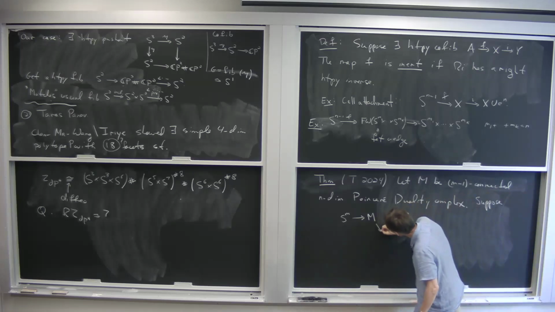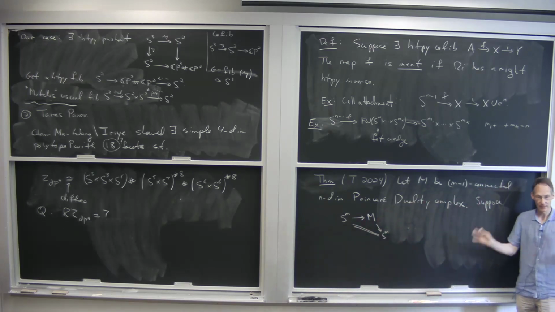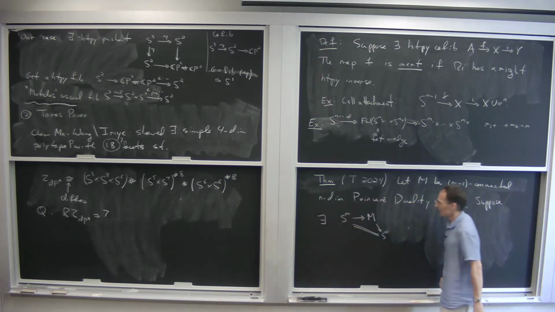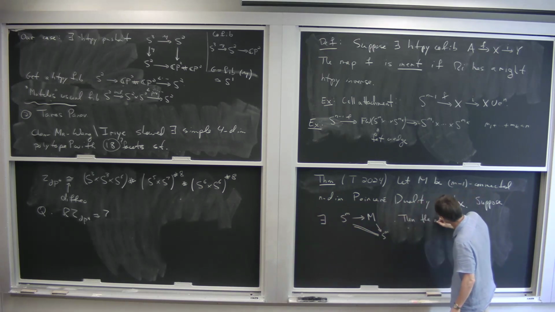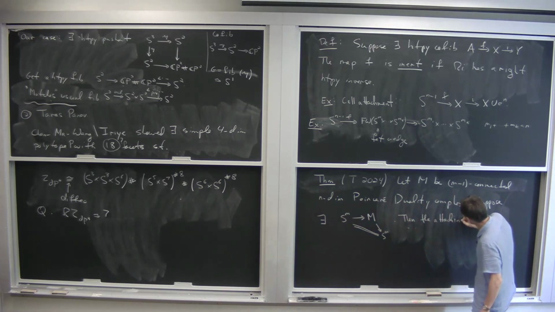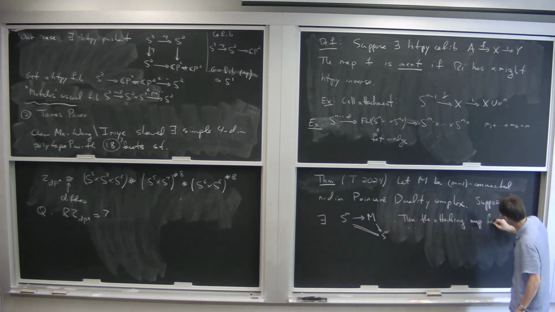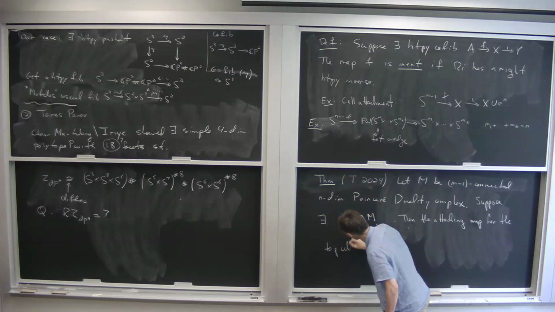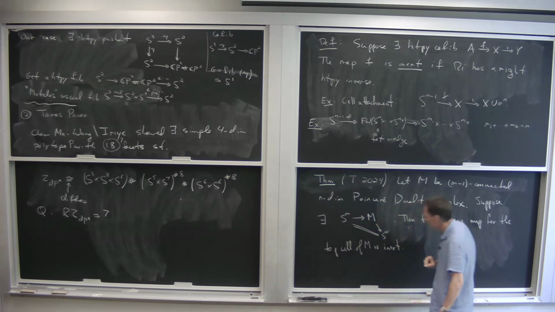And suppose that there's also a map out, which retracts that off. This does not always happen, it's just a condition. So suppose there exists a picture like this, then the attaching map for the top cell of M has this inert property.